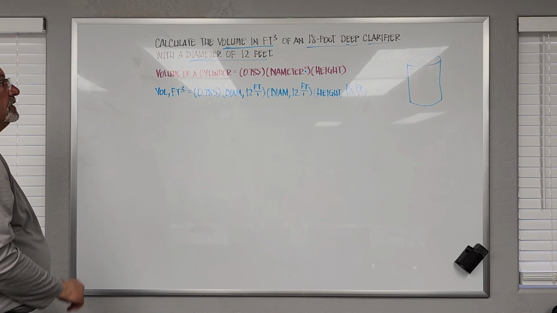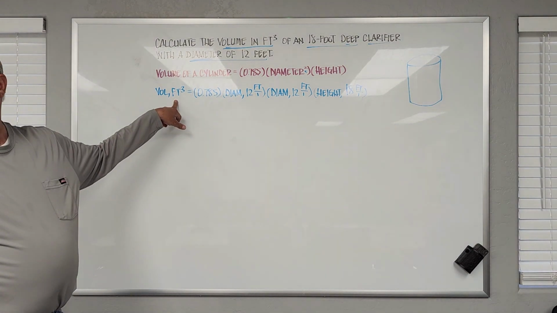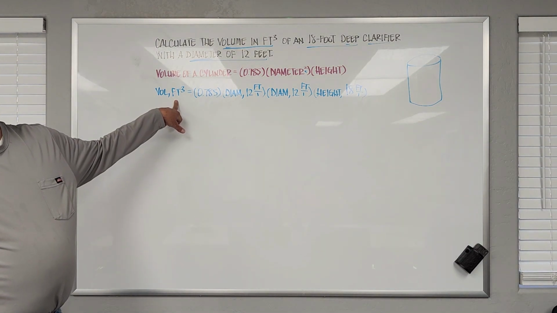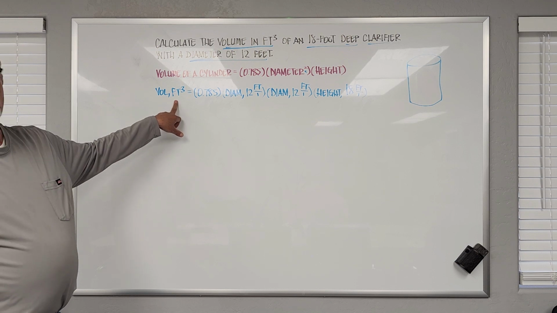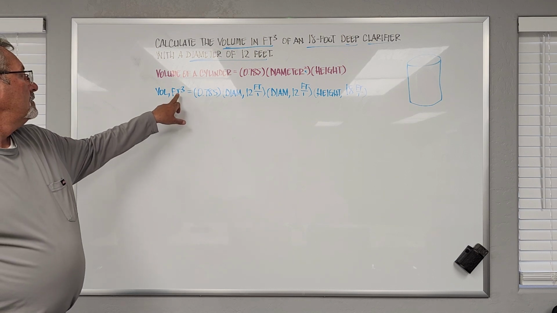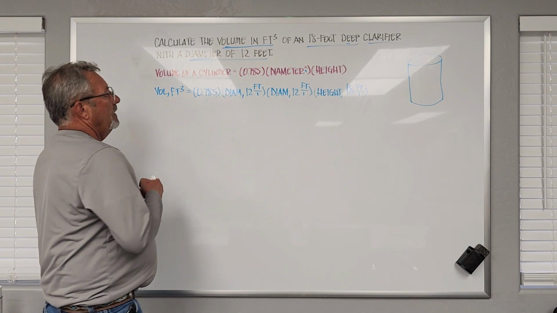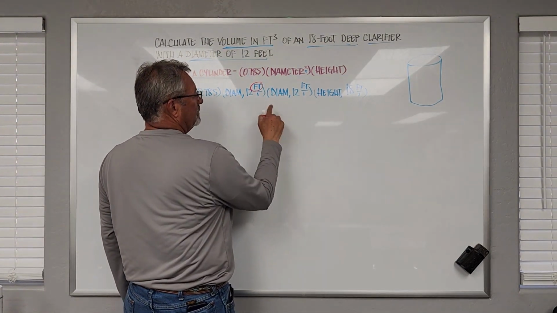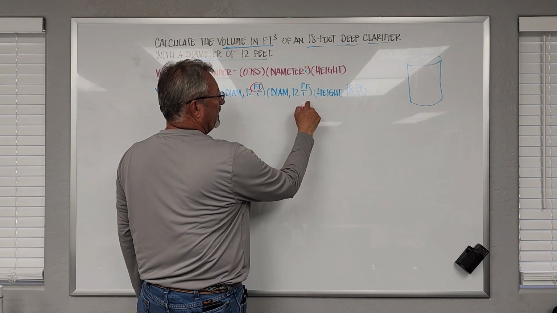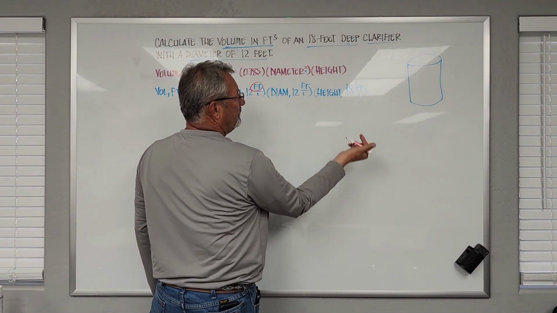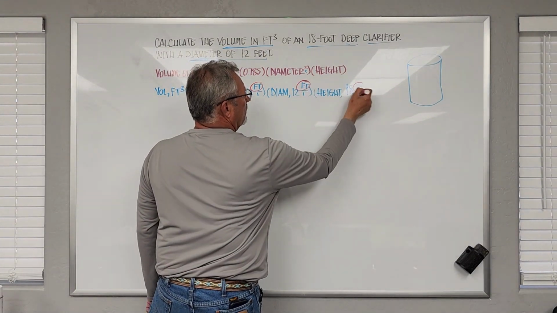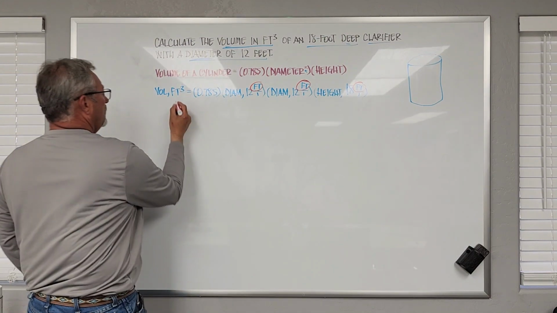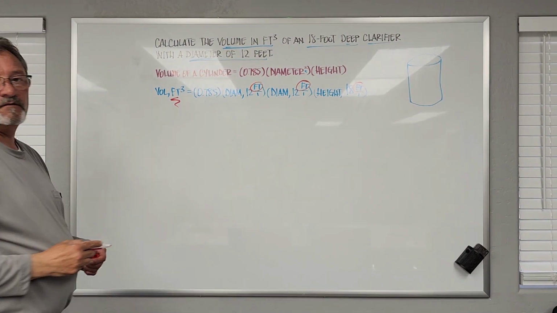So let's check it real quick. The unit of measure I'm looking for is foot cubed. This is in 3 dimensions. I have foot here, above the dividing line, multiplied by foot above the dividing line, by foot above the dividing line again. 1, 2, 3, and I get cubic feet.